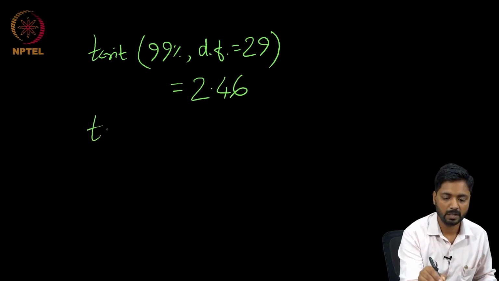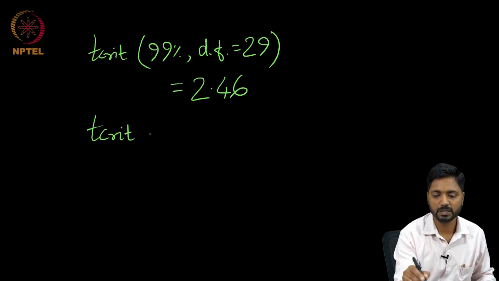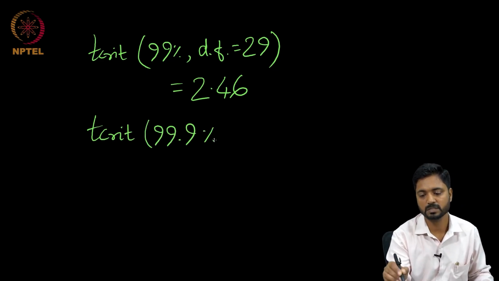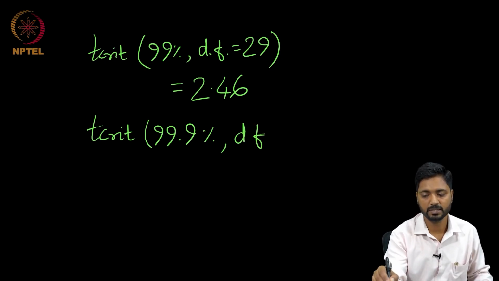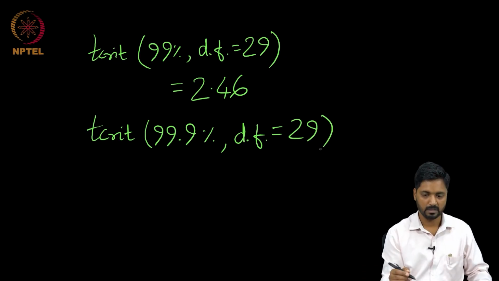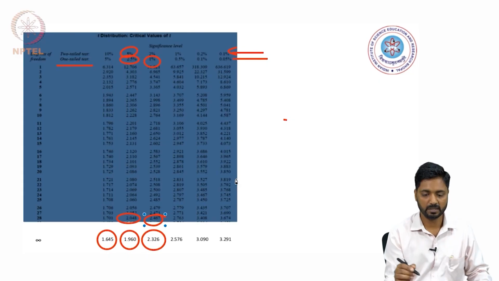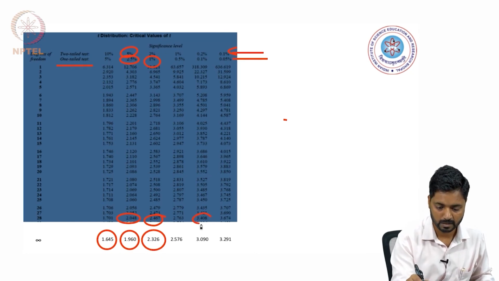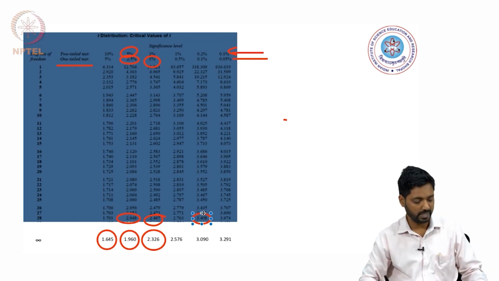Okay. Even if we extend it to 99.9% confidence level and degrees of freedom is equal to 29, the t critical value will be 3.4 now.